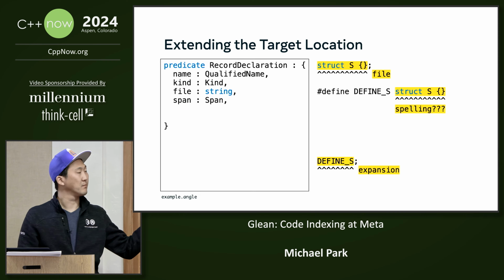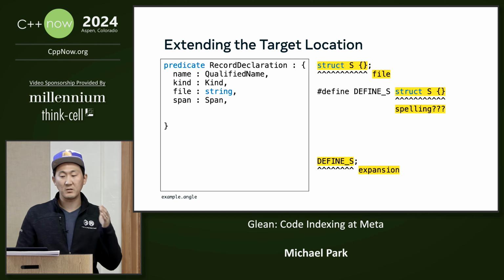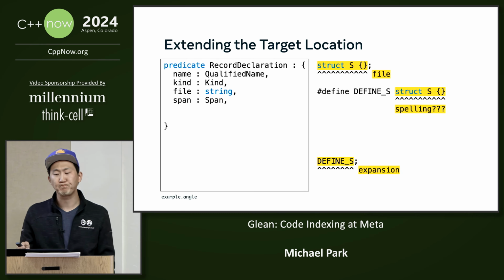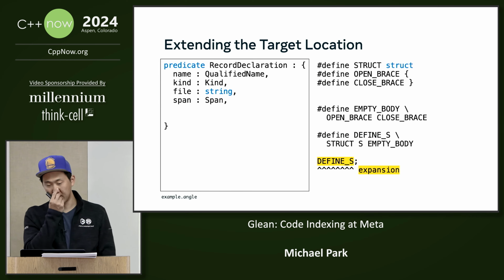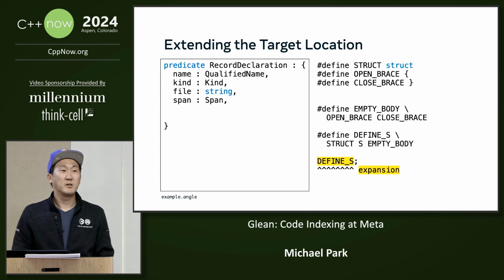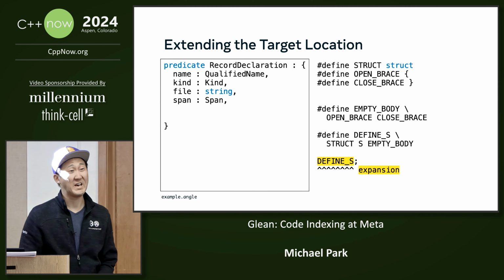And this gets pretty fun, because we're talking about the full span, the full range of the declaration, right? But what if we had this? Anyone seen horror like this before? Yes.